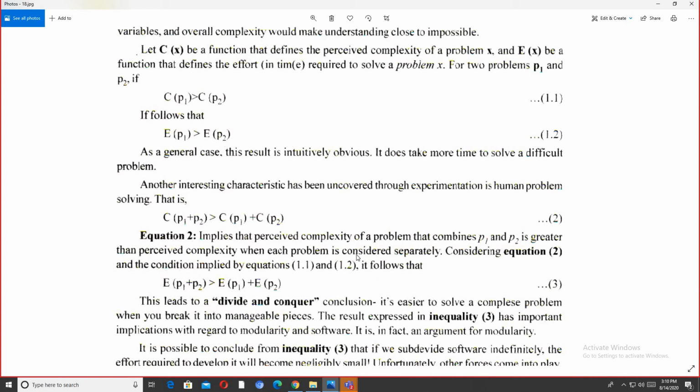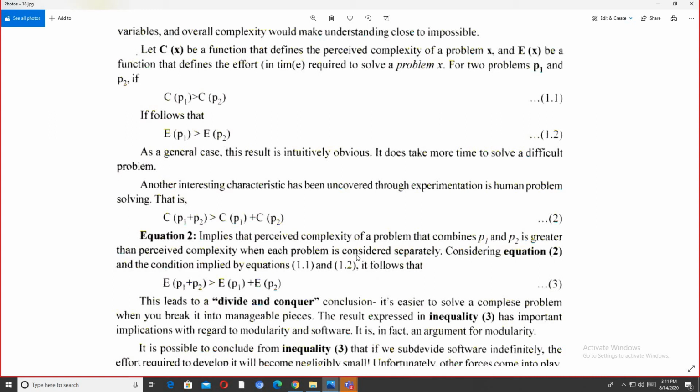If Cp1 is greater than Cp2, it follows that Ep1 will be greater than Ep2. If P1 is higher in complexity than P2, then the effort required to solve P1 will always be greater than the effort required to solve P2. This result is intuitively obvious, right? It does take more time to solve a difficult problem.